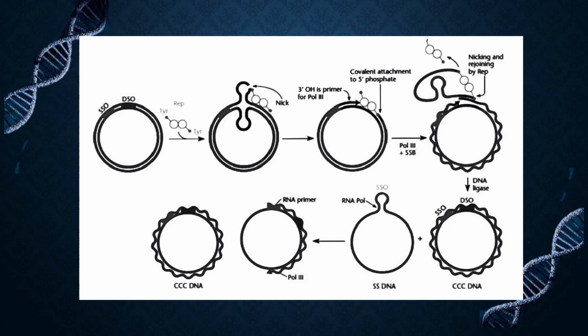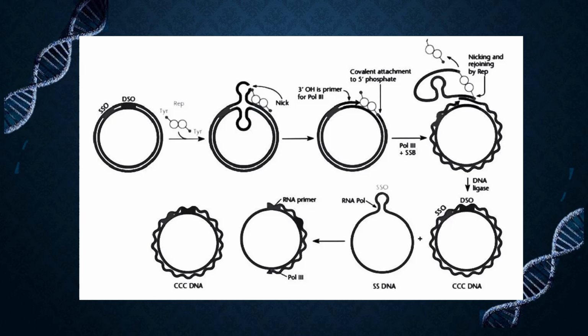After that replication occurs for this replicative form in the same manner, and thus we get two daughter duplexes.